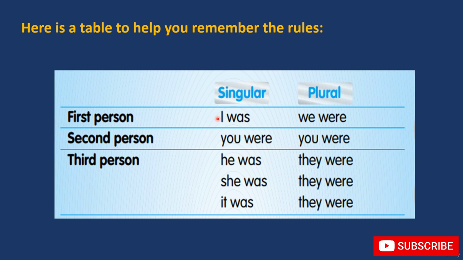In the first person, I say I was or we were. The second person, the person in front of me, you were. I can say that you were my friend, and you were my friends, singular and plural. He was, she was, it was, or they were. This is the plural form.